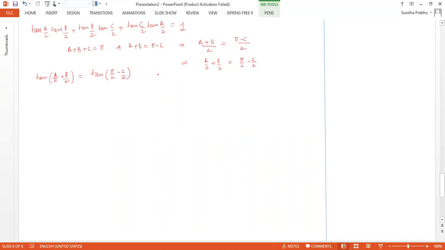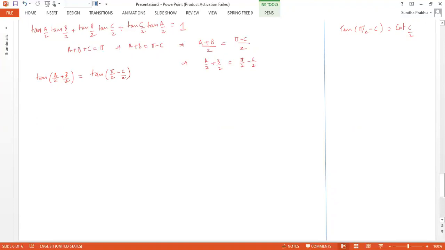But tan of 90 minus C by 2 is what? Cot C by 2. Very good. Tan of 90 minus C is going to be cot C. We will do it step by step and see how it takes shape.